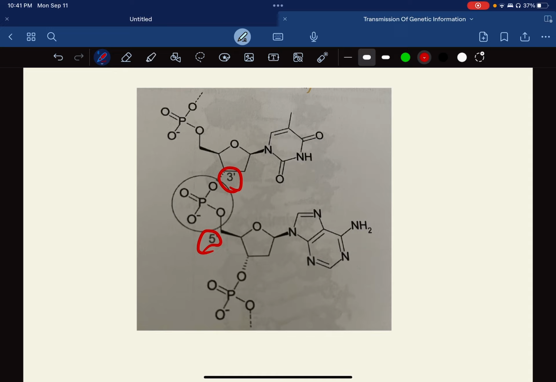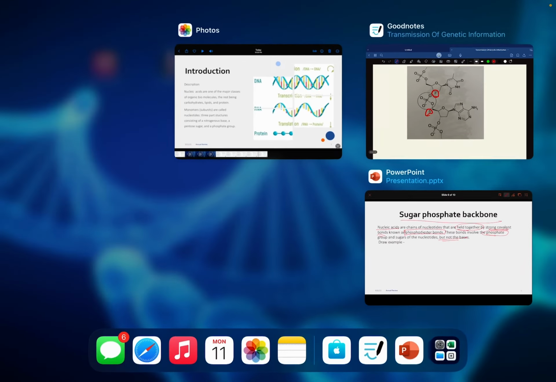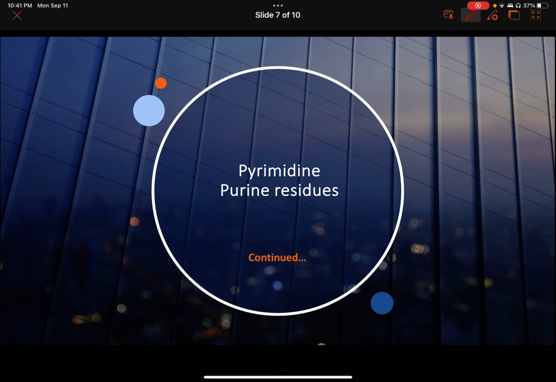And then they are removed before they are added to a growing polynucleotide. The repeated phosphate-sugar sequence is the backbone of nucleic acids. Okay, please make note of that, what I'm saying. It's very, very important. So then we're going to go on to the pyrimidine and purine residues.